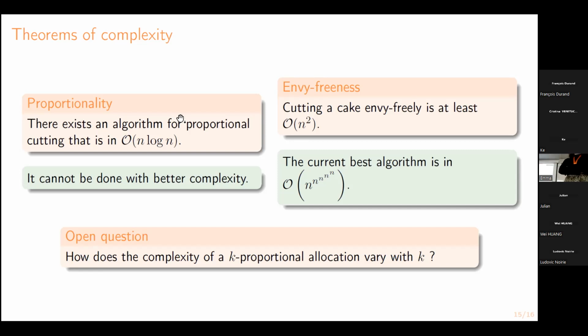Maybe for envy-free, when you have two agents, but I haven't looked at such a thing. But for proportionality, they have symmetric roles actually. Except if you consider that you can move the zero. But if you consider that you do not move the zero, for proportionality, it's symmetrical.